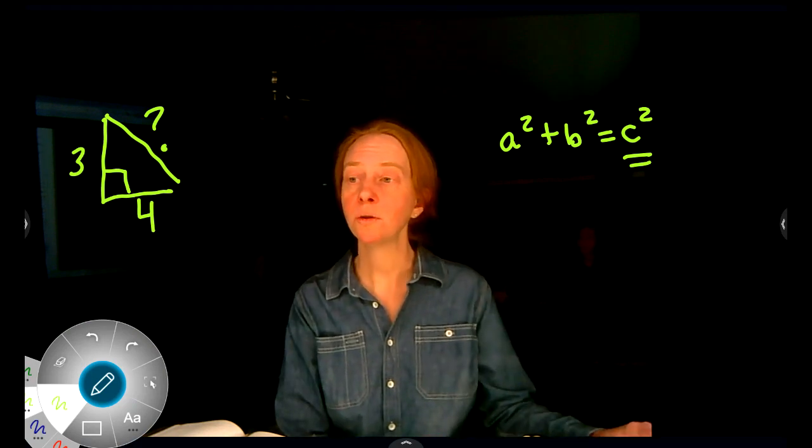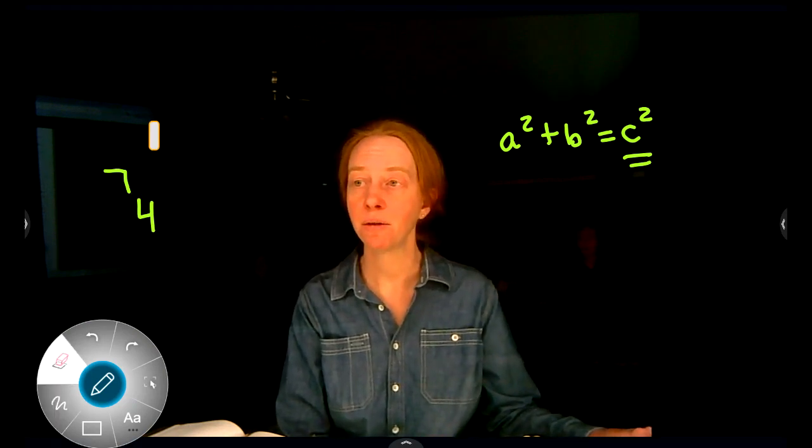And so we're going to use that converse of the Pythagorean theorem to determine, if I'm given three sides of a triangle, can I determine what type of triangle it is? Okay, so let me give you some notes to write down.